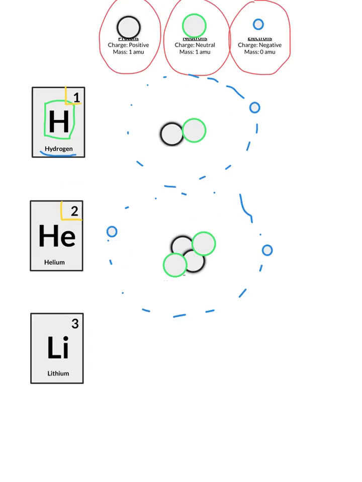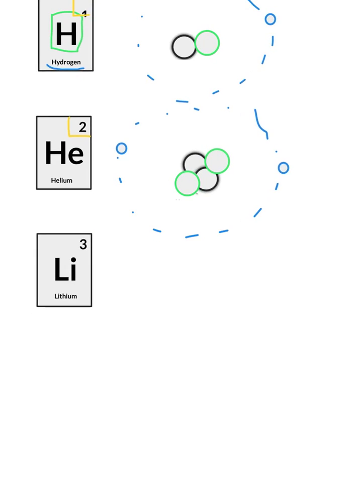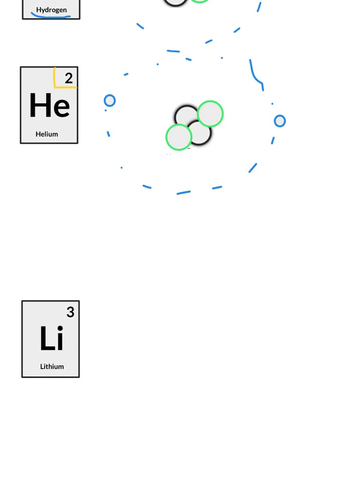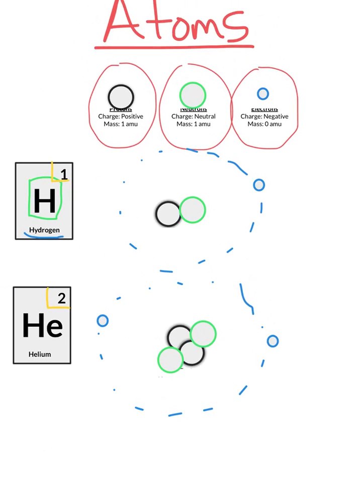And then let's go ahead and do one last one. We've got lithium here, and if you can see where this pattern's going, lithium has 3 protons. And so we're going to need to go up here and grab 3 protons. So there's 1.